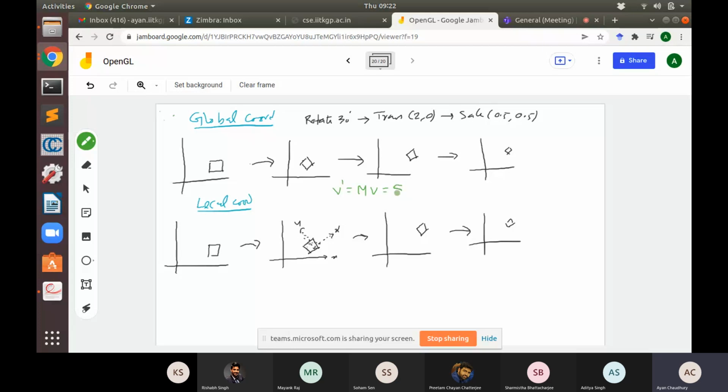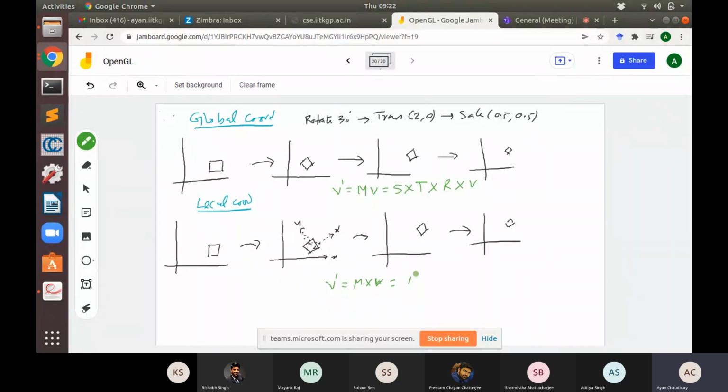So that means it will be scaling multiplied by the translation and then the rotation and then basically the v. Then you get the effect like this here. But in this case, if you try to do it from a local coordinate point of view, then basically your v prime should again be m multiplied by v, but in this case it should be post multiplied.